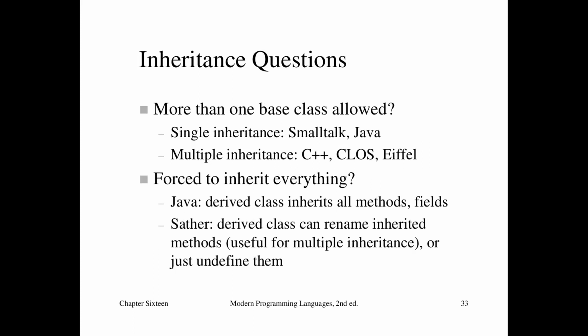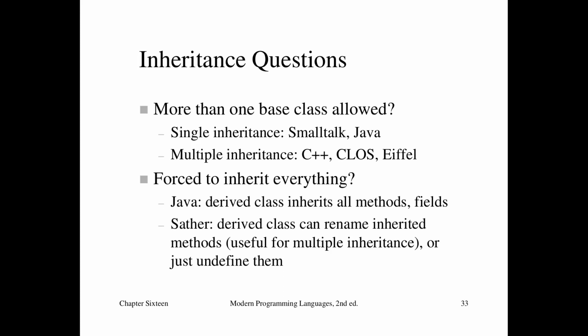So we have certain questions surrounding inheritance. Is there the capability to have more than one base class? Do we have to inherit everything? For the first question, in languages like Smalltalk and Java, you can only inherit from one single base class.